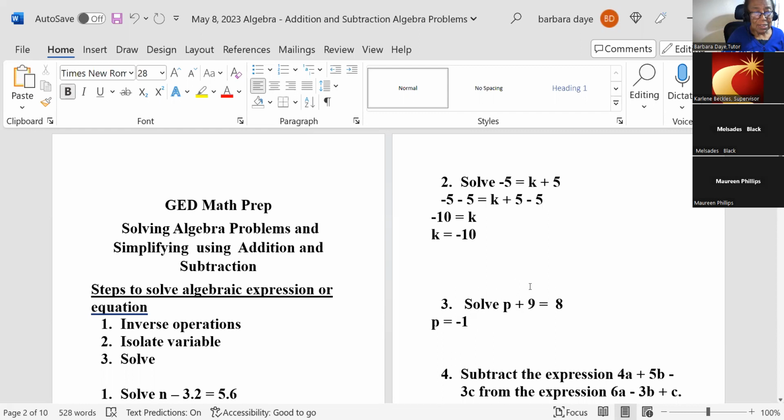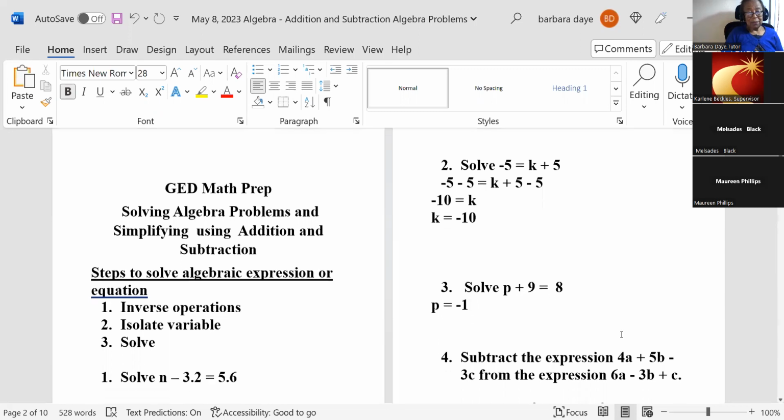I've got to decrease this 9. How can I decrease it? Add a negative number. Okay. Got it? Okay, Miss Barbara. So when you see that again, try to see the math and then just do it. Okay? Yes. You save yourself some steps. But like I say, you could do the inverse operation, subtract the 9 from both sides, and 8 and a minus 9 gives you a minus 1.